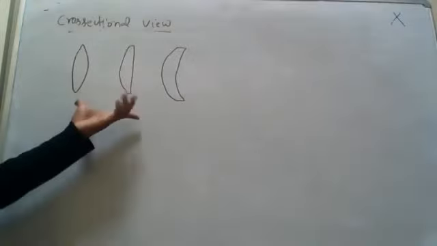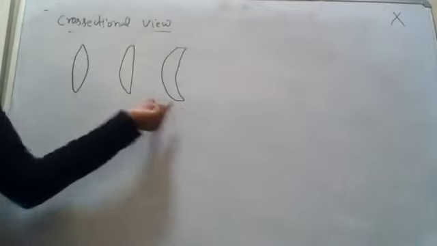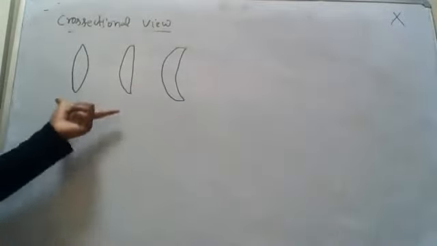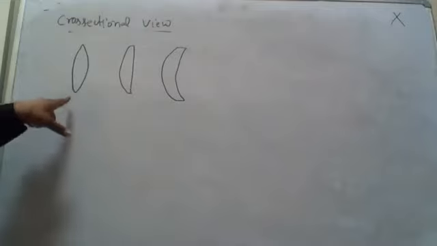Can you tell what is the name of this lens, and this lens? What is the difference between these three lenses? Anybody? Any idea? So what is the radius of curvature of this?